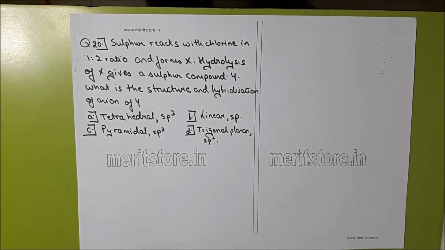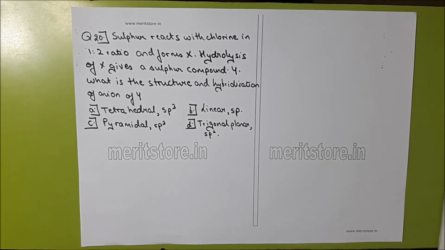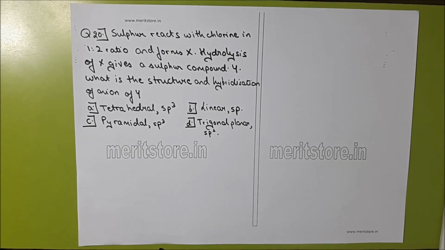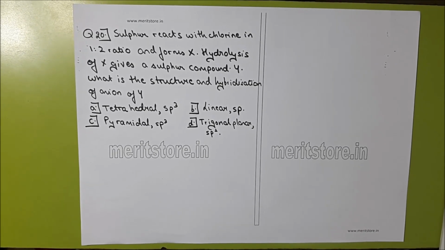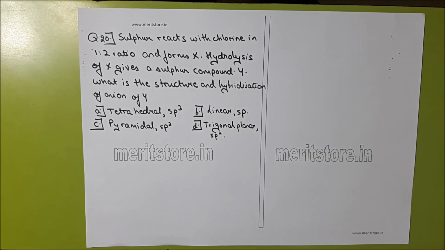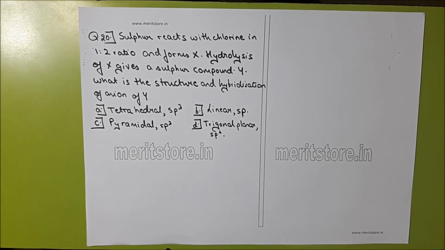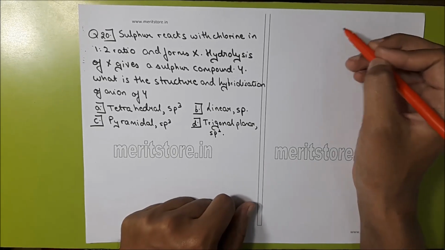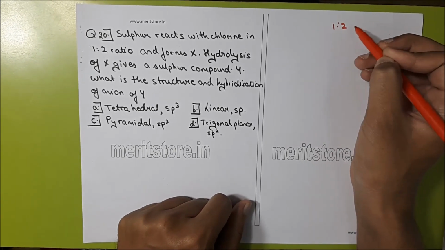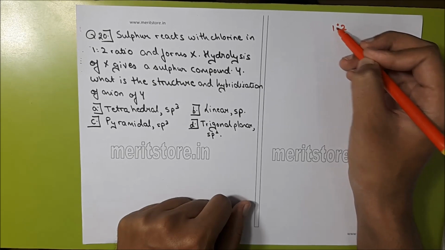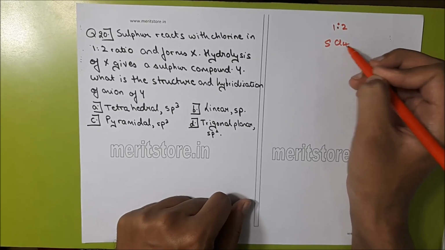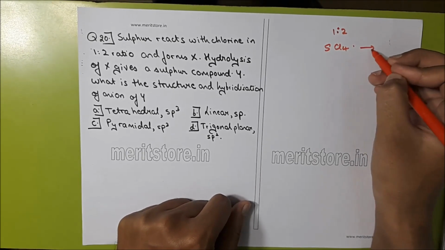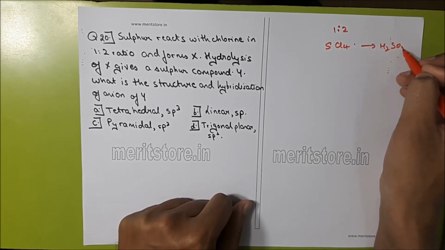Question 20. Sulfur reacts with chlorine in a 1:2 ratio and forms X. Hydrolysis of X gives sulfur compound Y. What is the structure and hybridization of the anion of Y? A tetrahedral, that is sp3; B linear, sp; C pyramidal, sp3; and D trigonal planar, sp2. Okay, when sulfur reacts with chlorine in the ratio of 1:2, SCl4 is obtained, which on hydrolysis gives H2SO3.